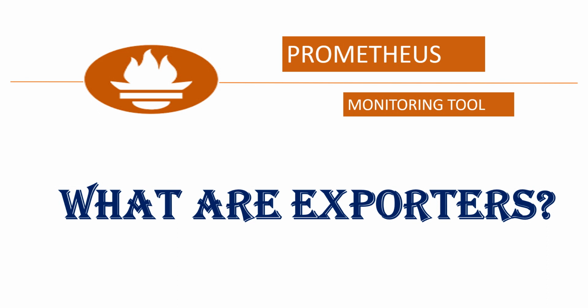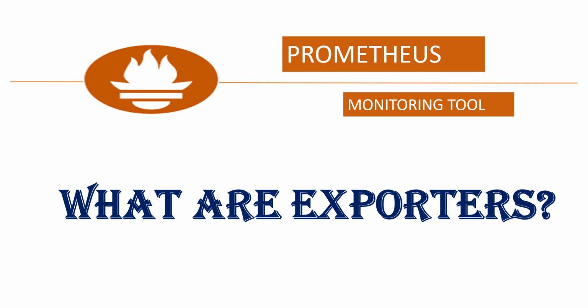An exporter is software, a number of libraries, or a server that helps in exporting existing metrics from third-party systems like the Windows operating system and Linux operating system in the same format as Prometheus metrics expects.